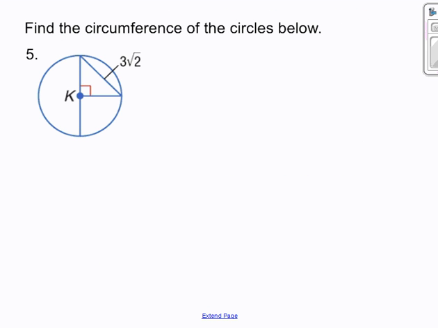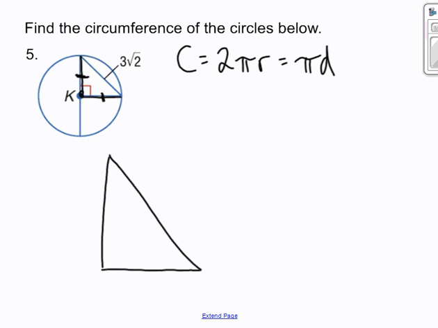Find the circumference. So circumference is 2 pi r or pi times diameter, whichever one you want to use. Using the fact that these are both radii, we don't have any of them, so we're going to have to figure those out. If you notice, these two lengths are the same. If these are the same, that makes this a 45, 45, 90 triangle.